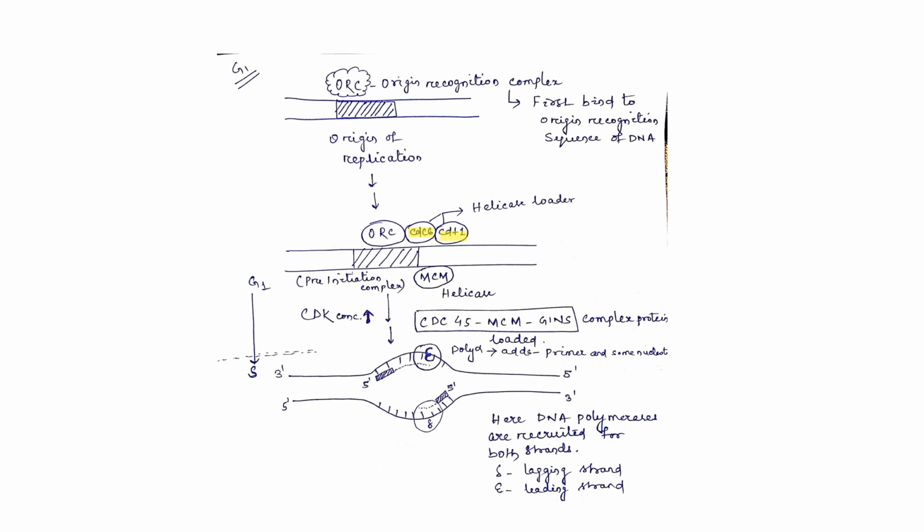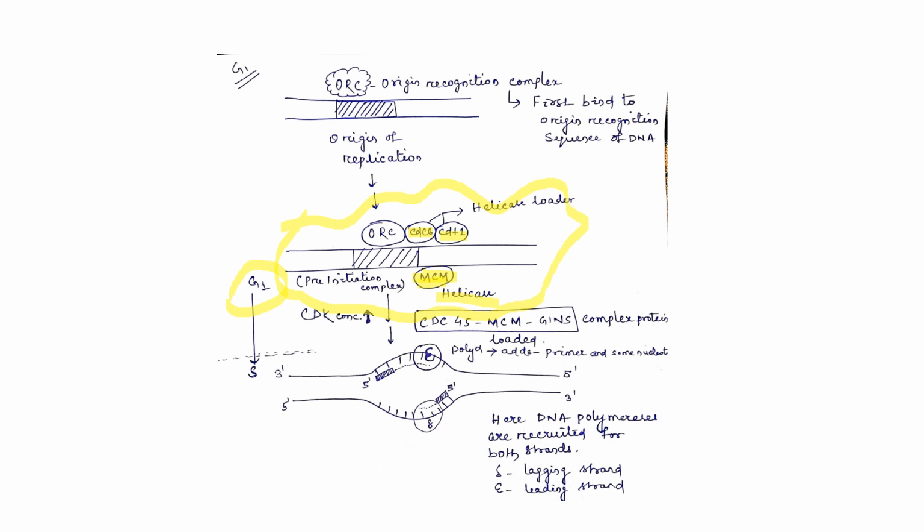Then the helicase loaders CDC6 and CDT1 add another protein complex, the helicase called MCM, or mini chromosome maintenance complex. So basically this is the pre-initiation complex. At this point, the cell moves from G1 to S phase.